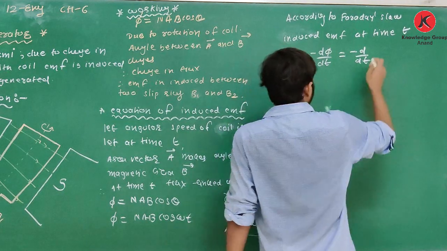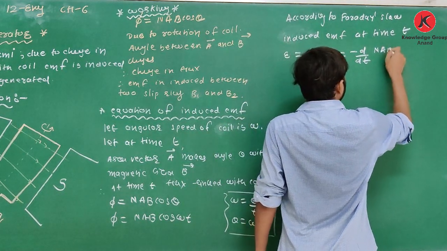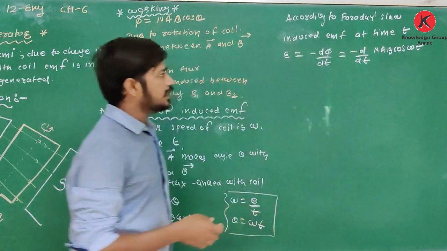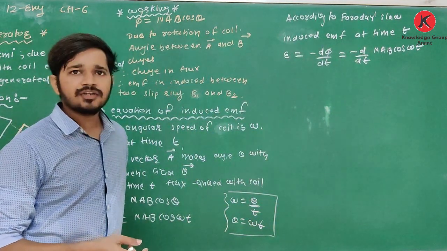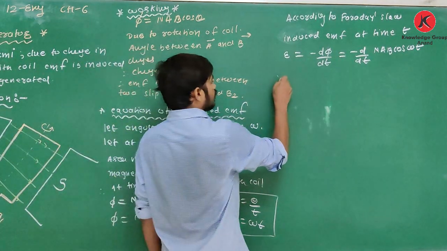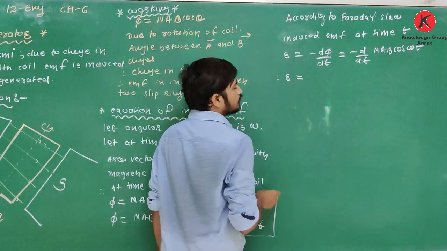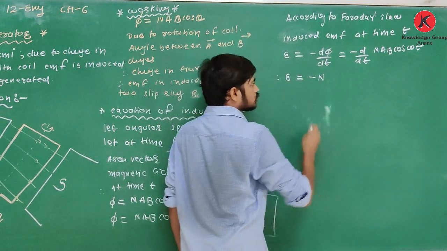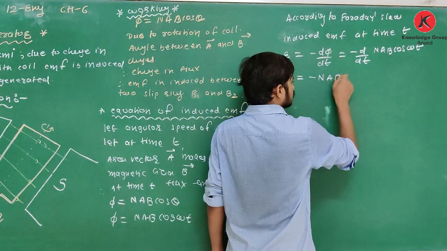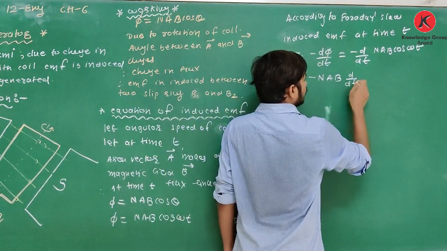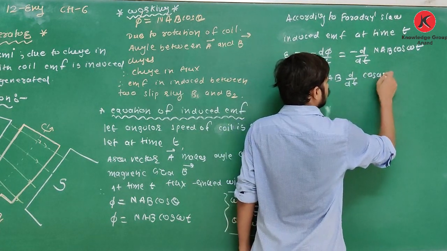What is the value of phi? It is NAB cos omega t. Yes, it is. So therefore EMF E is equal to minus, the number of turns N constant, the area vector A constant, the magnetic field B uniform, d upon dt of cos omega t.